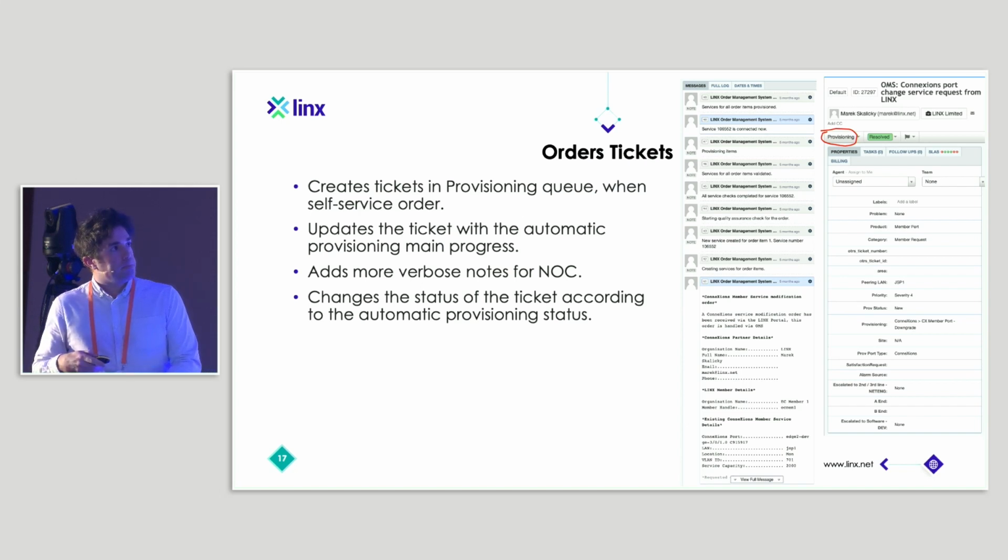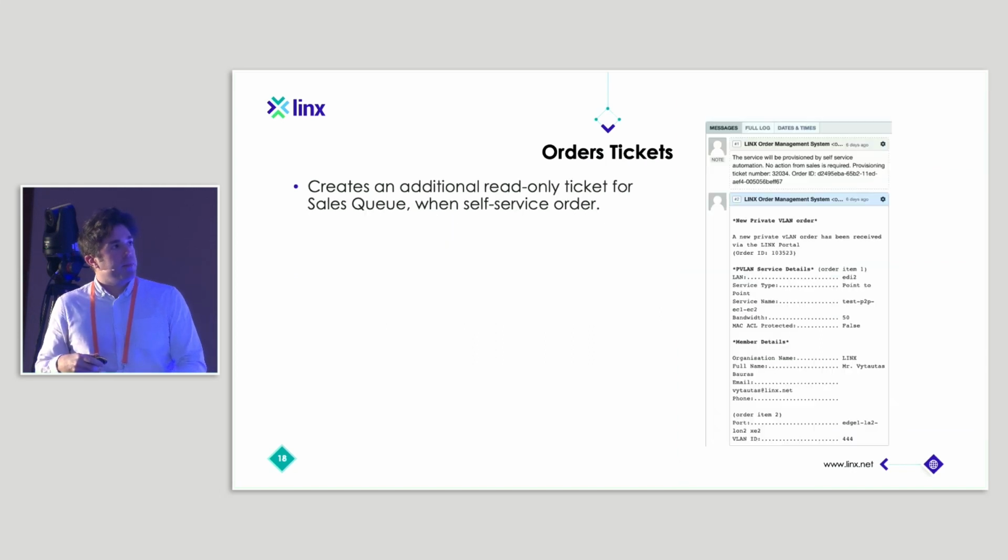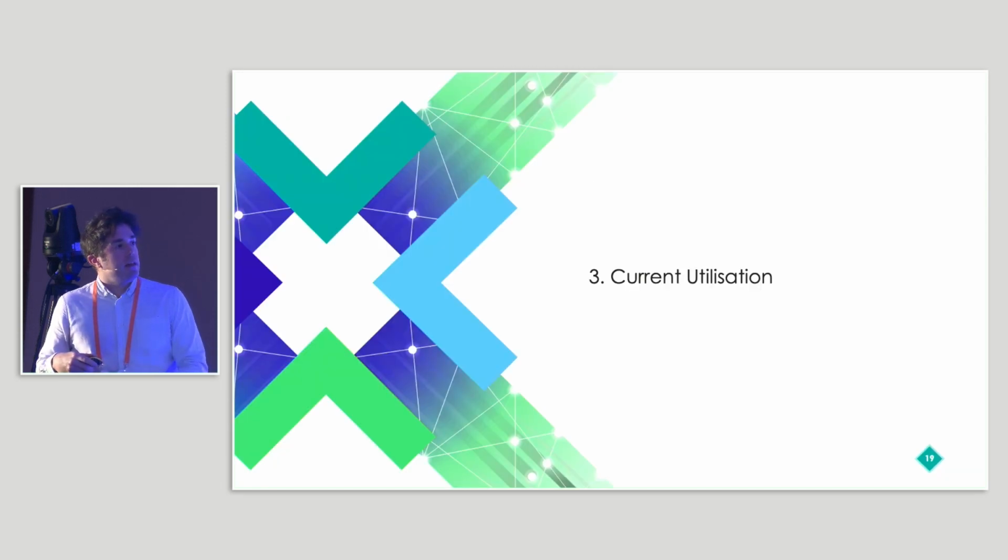All of this is managed by the processor, the consumer of the queue that we showed before. And a small detail: to give sales visibility of what's happening, we also create a read-only ticket in the queue when it's a self-service order, so they can have a look at how many are provisioned and sold.